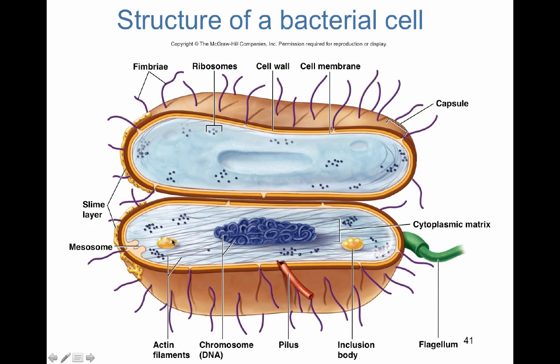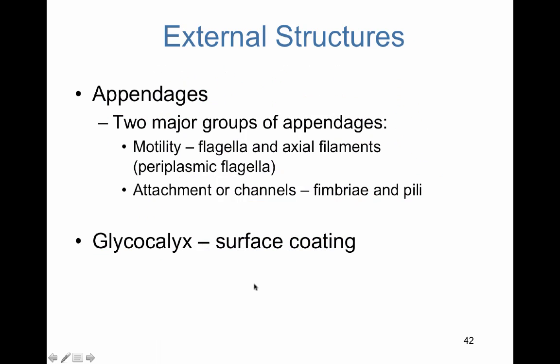And then some other structures that you see here, like inclusion bodies or the filaments, the scaffolding within the cell. Also, a pilus, this can be used to attach to other cells, to swap DNA. So all of these structures we will talk about now in more detail.